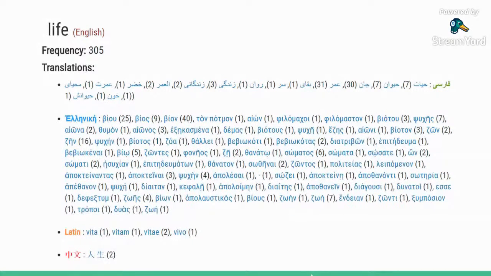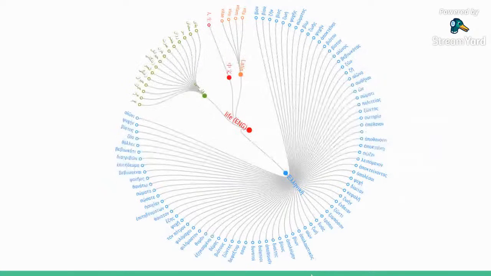A more refined version of that search function is the core idea of the dynamic lexicon. The idea is that there are some correspondences between the language that you searched for, in this case, the English for life, and a variety of different languages.